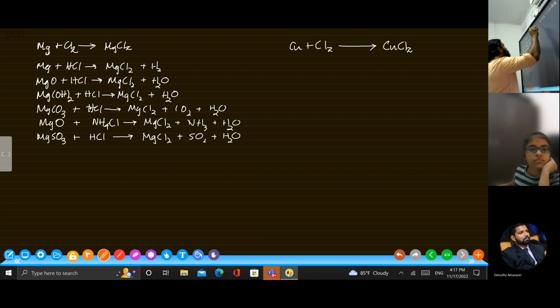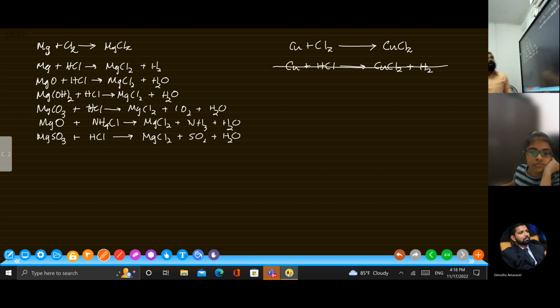Copper and HCl gives copper chloride and hydrogen. Agree? But don't blindly follow the pattern, because copper is below hydrogen in the reactivity series. Therefore this reaction looks fine, but due to the reactivity series, it doesn't happen.